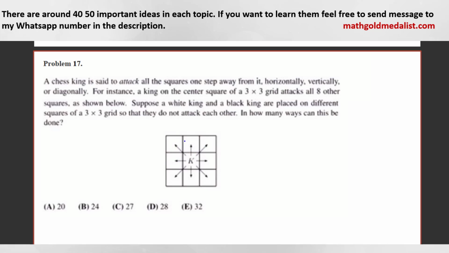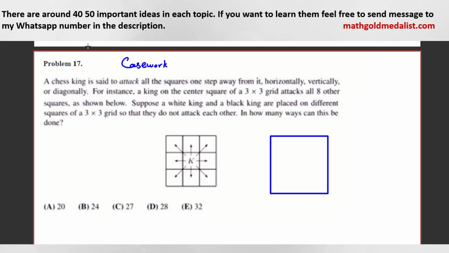Suppose a white king and a black king are placed on different squares of a 3 by 3 grid so that they don't attack each other. In how many ways can this be done? For this problem, we should use casework again. I think it's the third problem of this year that can be solved with casework.